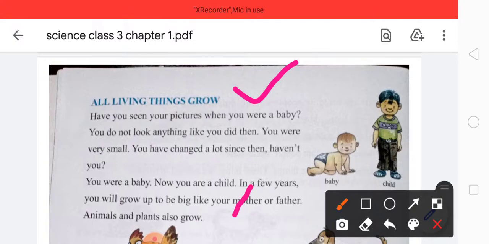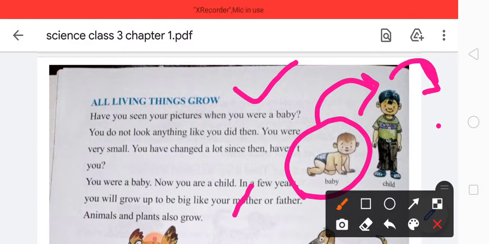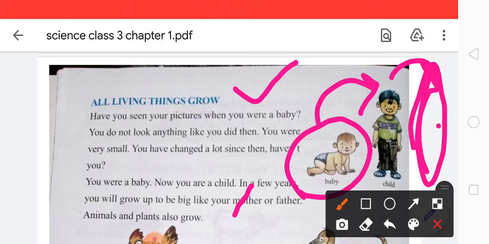Have you seen your picture from when you were a baby? Yes, it is very different from now. When you were a baby you were small, and now you are a child, and after some time you will grow up just like your father and mother, in 20 or 25 years.